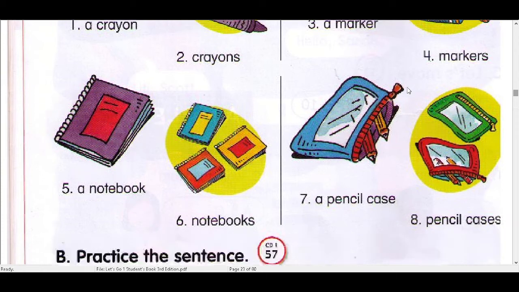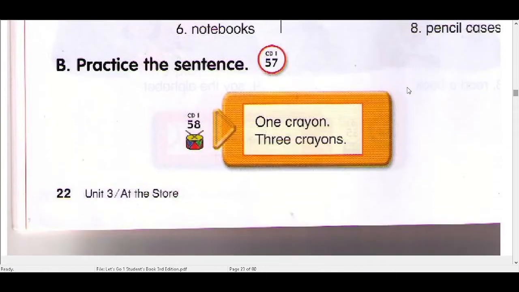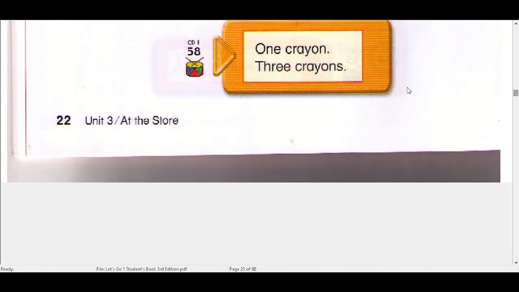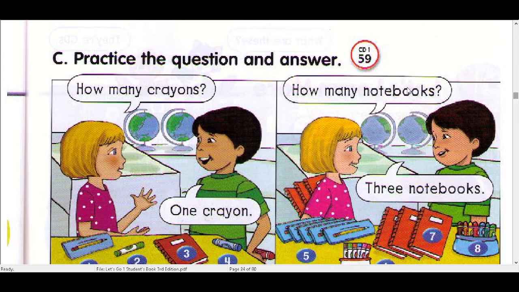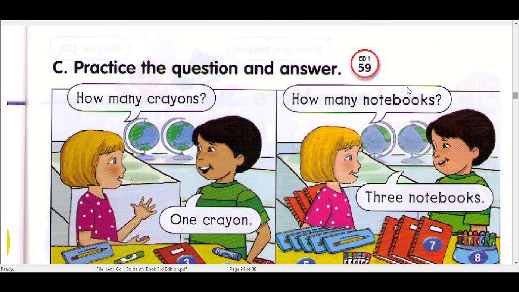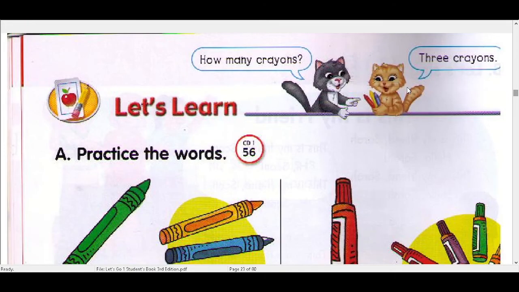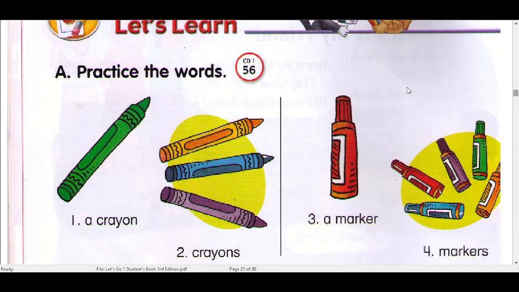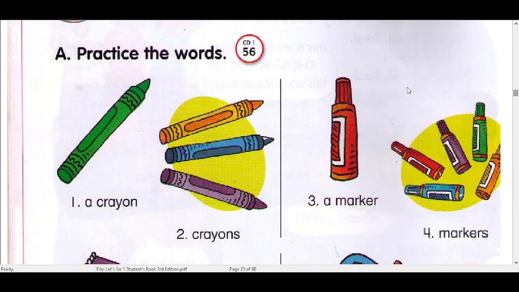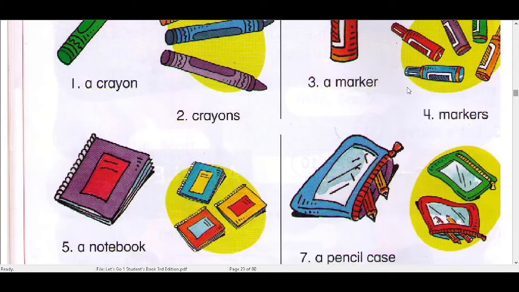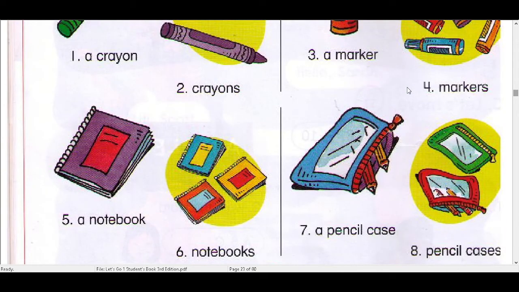Track 58. One crayon. 3 crayons. 1 marker. 5 markers. 1 notebook. 3 notebooks. 1 pencil case. 2 pencil cases.